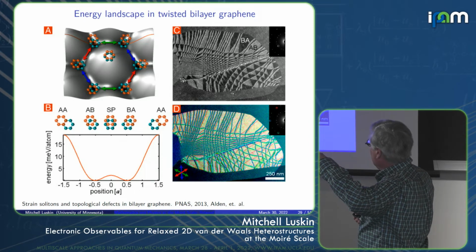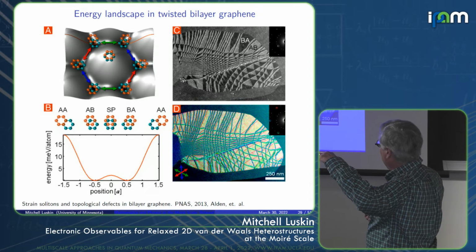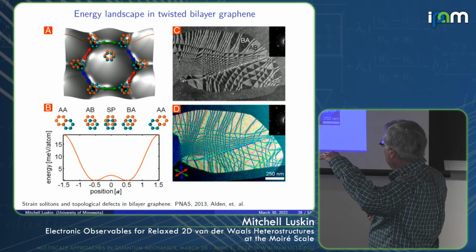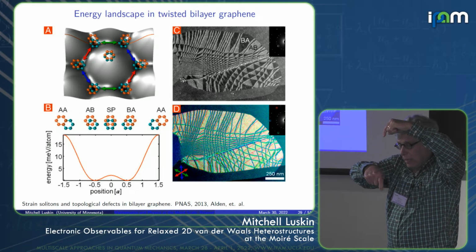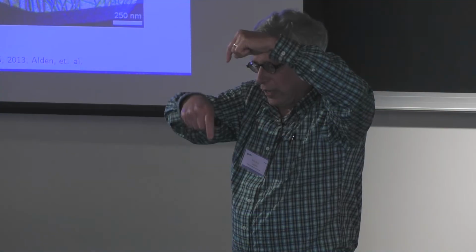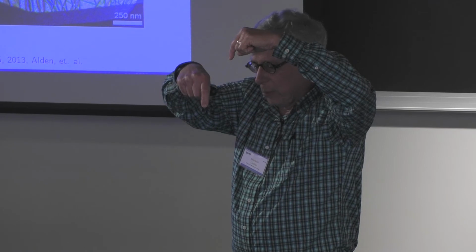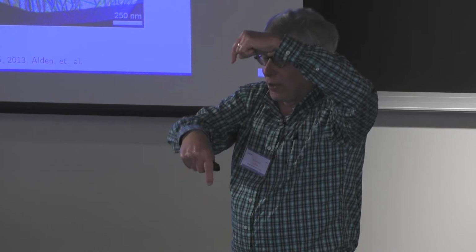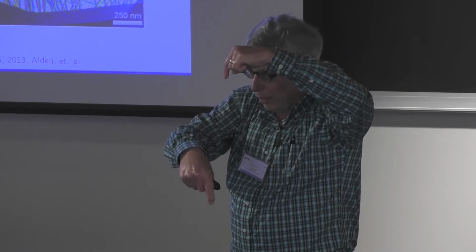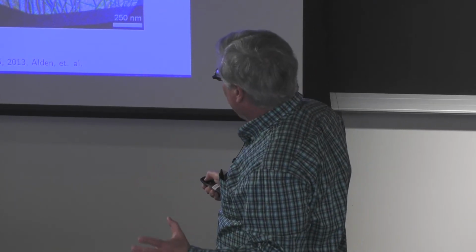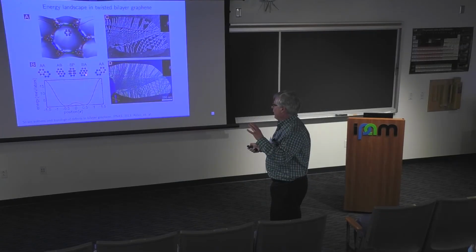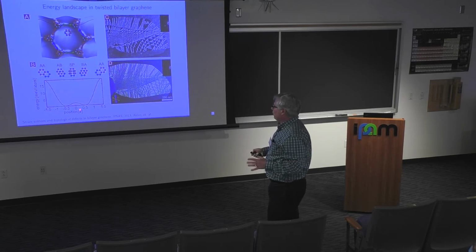Then if you shift this along, the minimum is when half of the carbon atoms are sitting in the middle of the hexagon structure of the one below. That's good, that's your local minimum. So you have an AB and a symmetric BA, and you have a saddle point. So what you'd like is to be here or here.